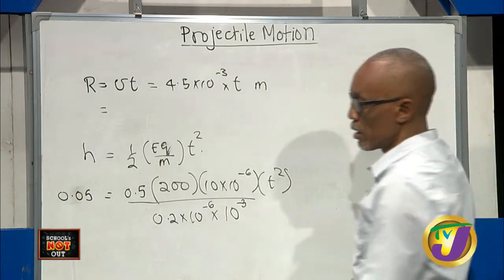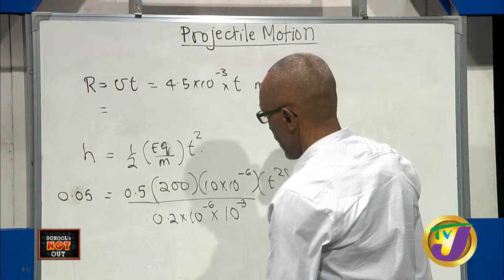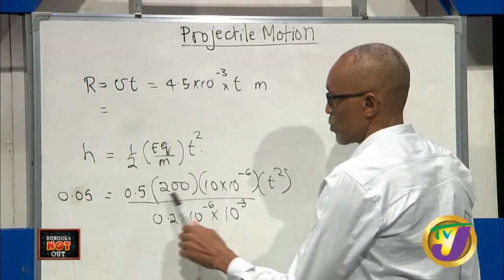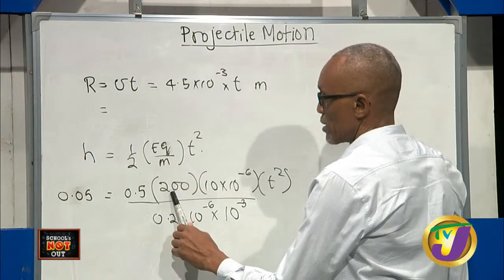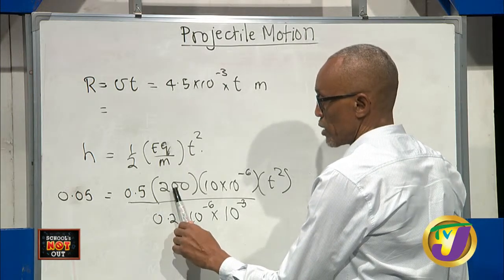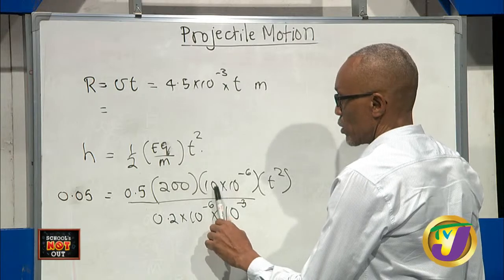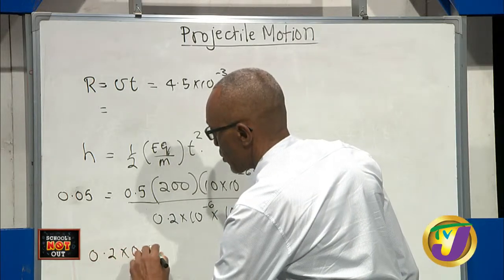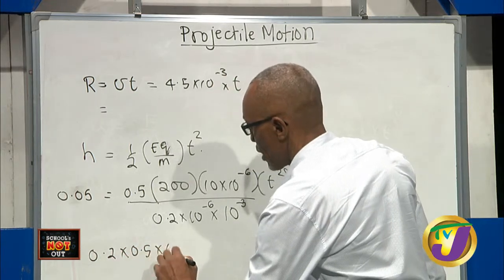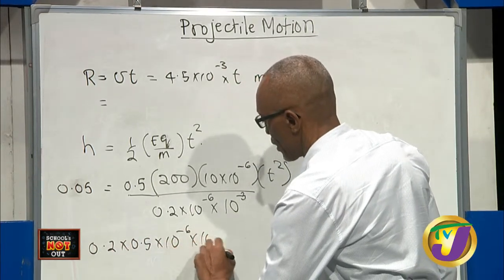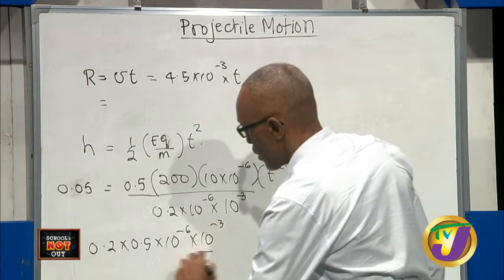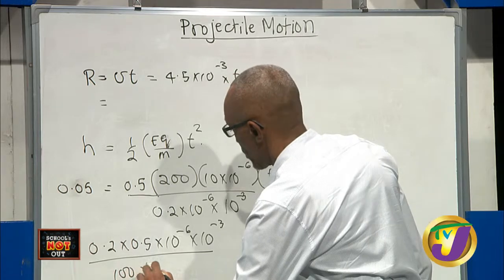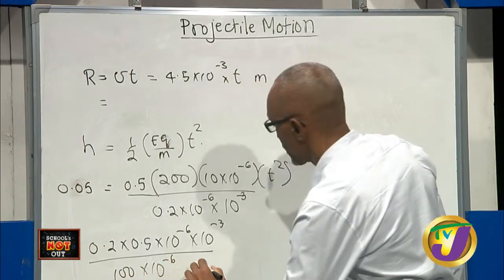We can do all of the cross multiplication. Let me see. This is 0.5 by 200, which is 10 squared, that's 100. That would be 0.2 by 0.5 by 10 to the negative 6 by 10 to the negative 3, all over 100 by 10 to the negative 6.